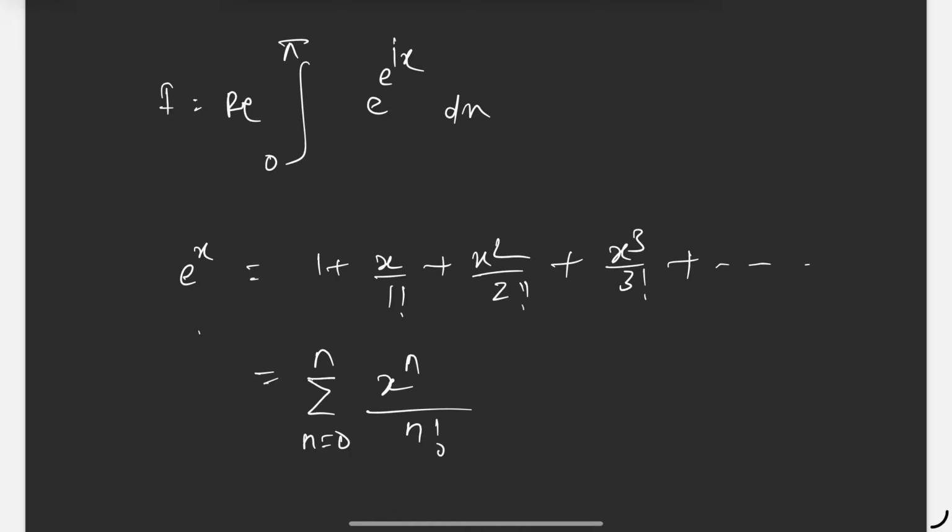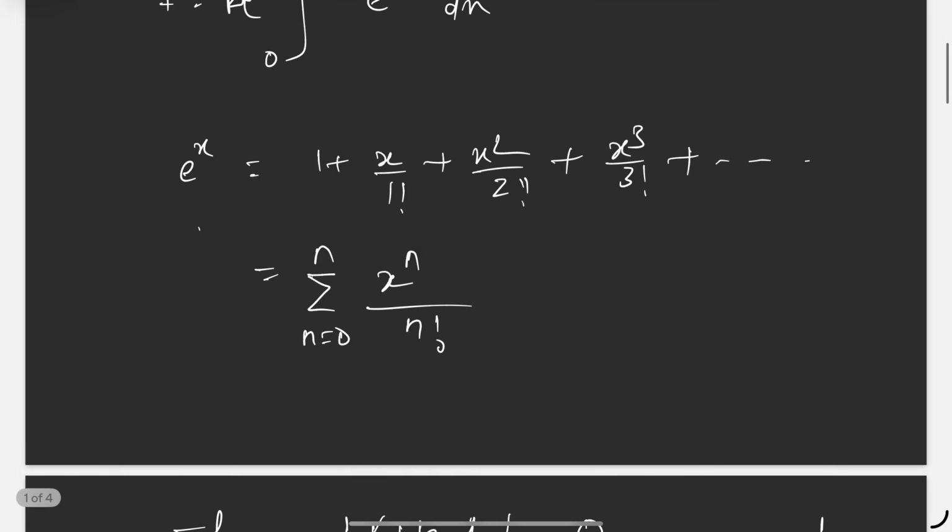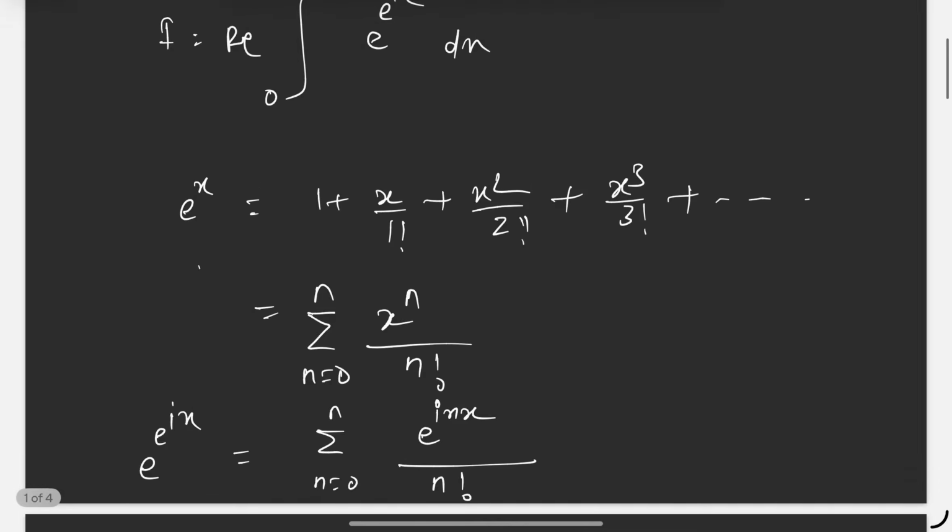Now what I can write? E to the power iota x, that I can write sigma n equals 0 to n. Here you can keep, let's say, r also, not a problem. In place of x, I'll keep iota x. So this will come e power iota nx by n factorial. Okay, so this is my equation now.